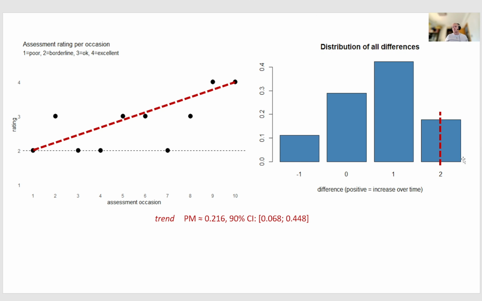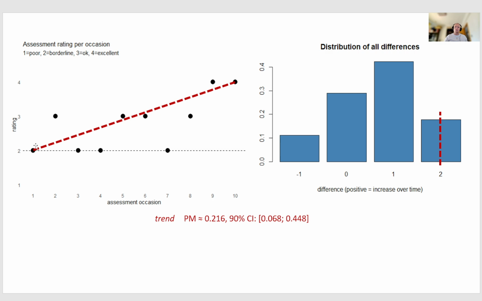Second, inspect the distribution of all differences. And third, calculate these statistics for the trend and draw your conclusion. So in this case, the non-parametric approach for trend indicates yes, there is a meaningful trend, there is a meaningful improvement from the beginning of the program of the student.